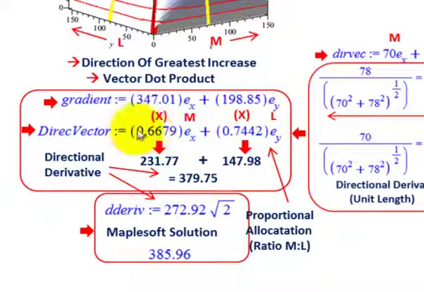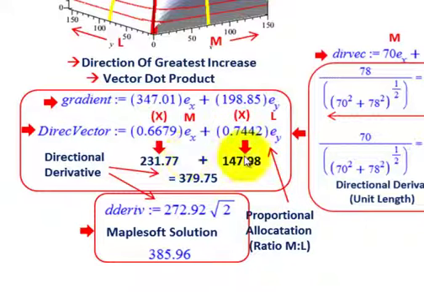So your directional vector for material, 0.6679, times your gradient amount gives you 231.77. Then you add to it your gradient amount for labor, 198.85 times 0.7442, the unit directional vector for labor, which gives you 147.98.